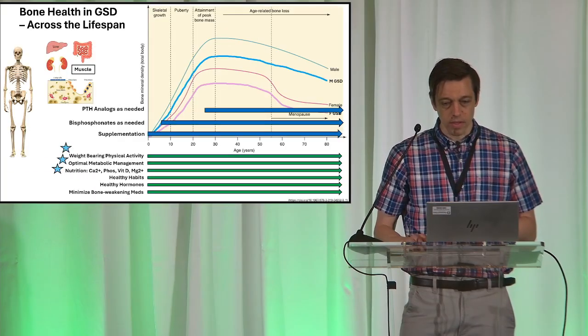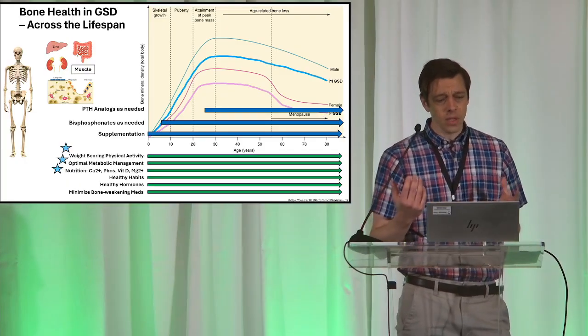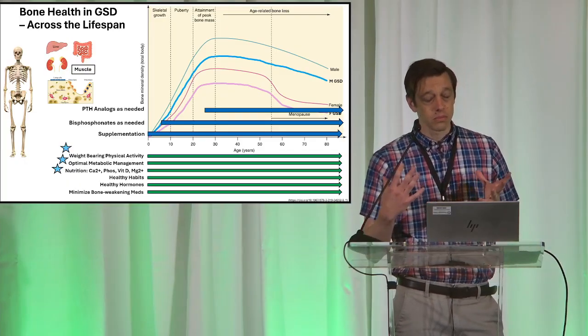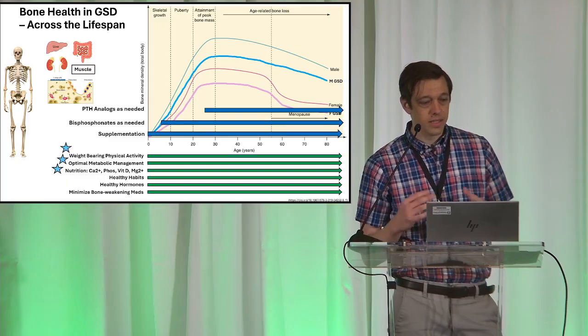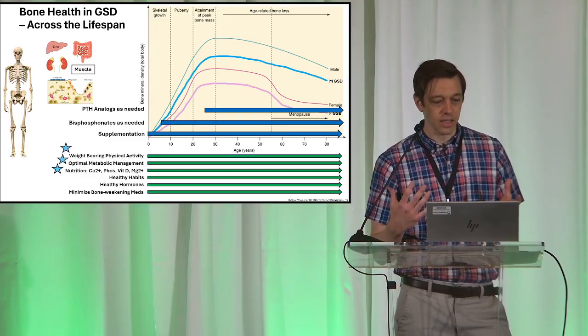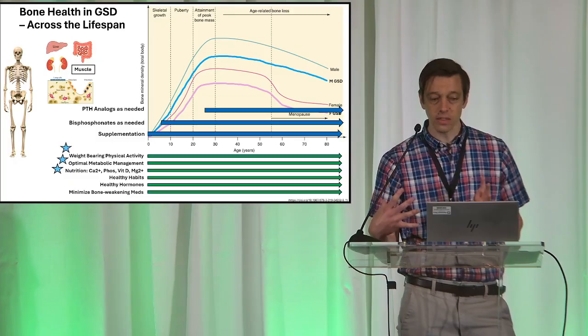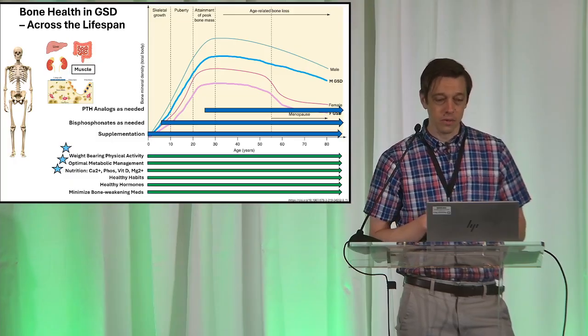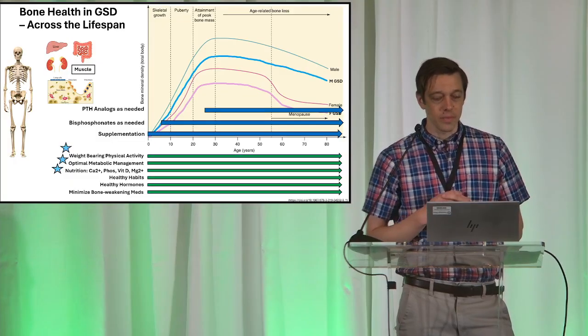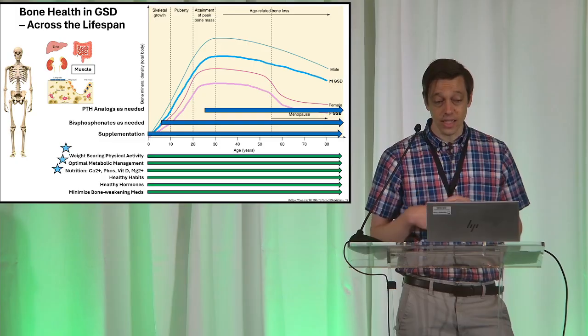All right, so I'm coming to the conclusion here today. And we've walked through a brief, quick summary of bone physiology, thinking both from the structural level as well as the cellular level and the mineral level about bones. And we've talked about what is affected in GSD.